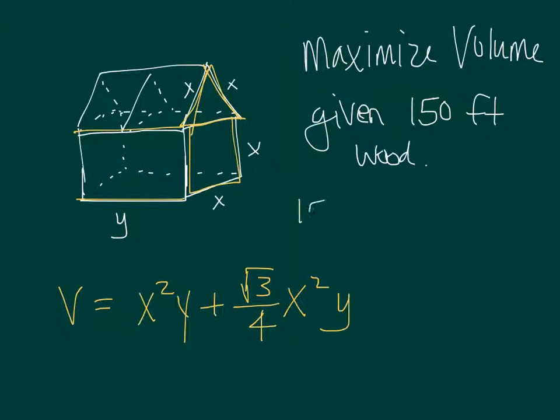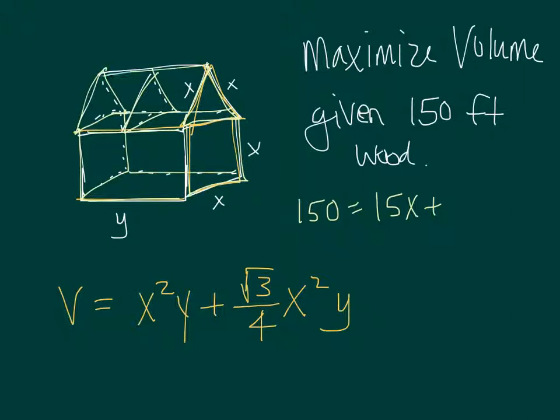So the 150 feet of wood, we have 1, 2, 3, 4, 5, 6, 7, 8, 9, 10, 11, 12, 13, 14, 15 x's plus 1, 2, 3, 4, 5 y's.